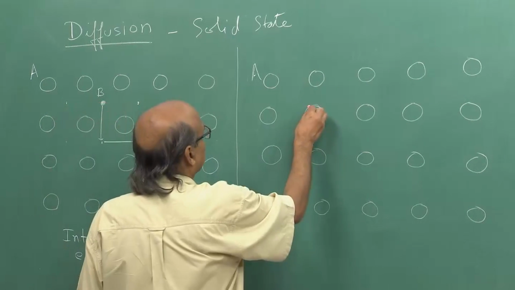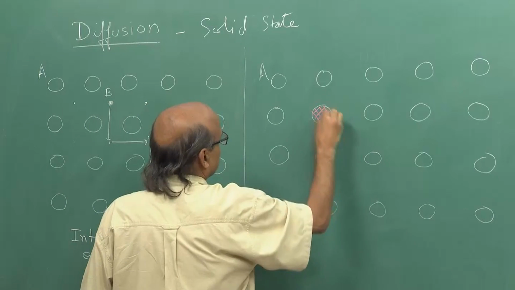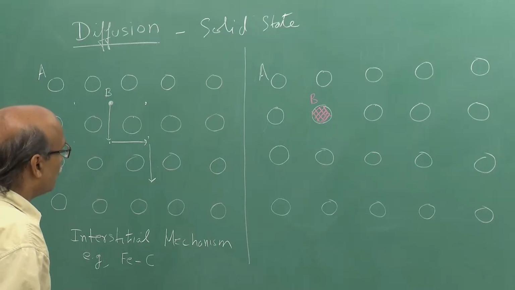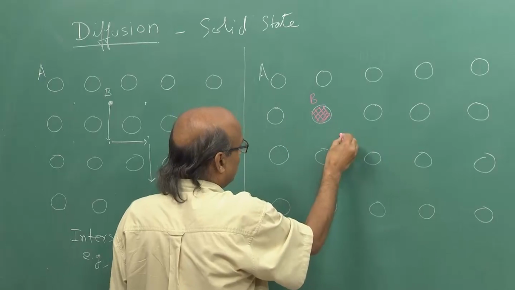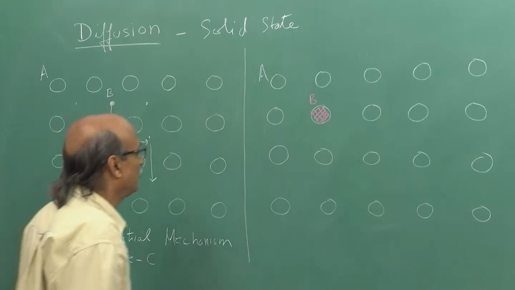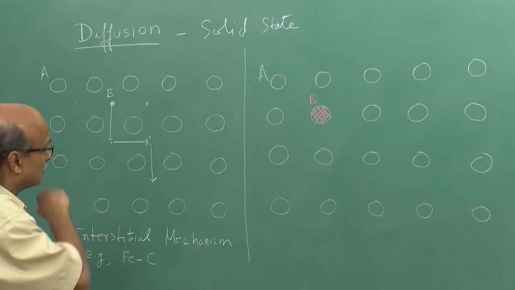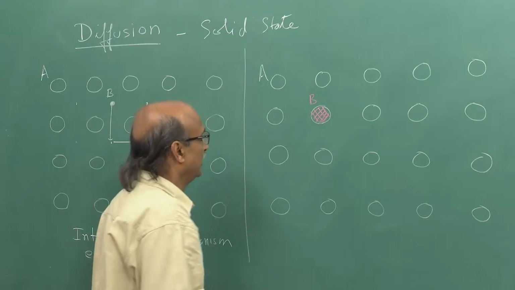So, some of the A atoms would get replaced by the B atom. Now, if this B atom has to move, it obviously can't move to an interstitial location. That would require a large amount of energy to get itself accommodated into a small interstitial site.